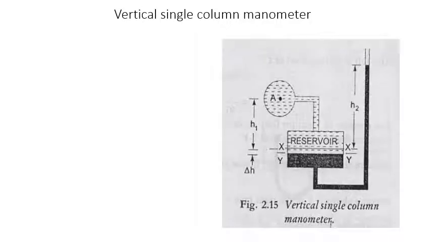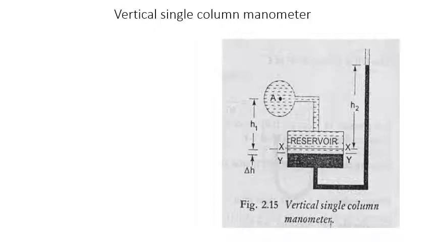The next type of manometer is the vertical single column manometer. Figure 2.15 shows the arrangement of a vertical single column manometer. In this system, one small reservoir is used and one end is connected to the point where pressure is to be measured.